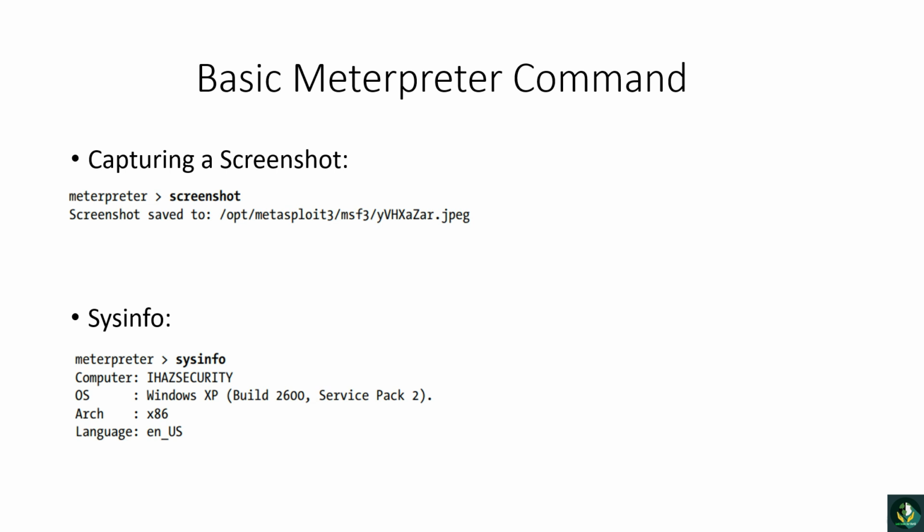Second one is sysinfo. Another command we can specify is sysinfo, which will tell us the platform the system is running. As you can see, using sysinfo, the system is running Windows XP Service Pack 2.